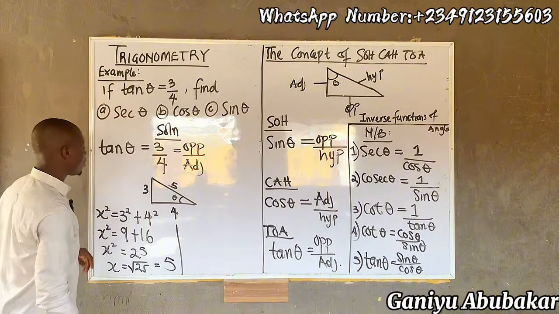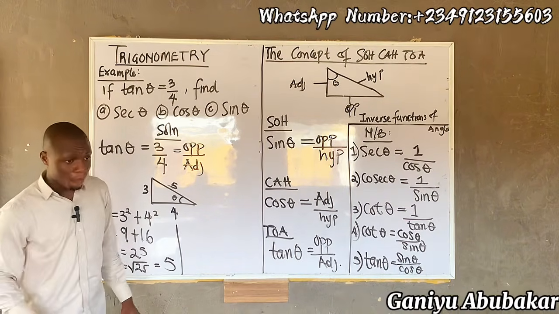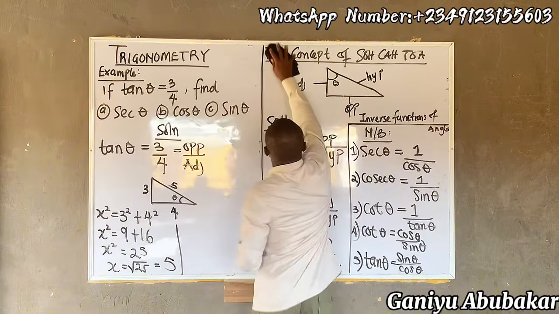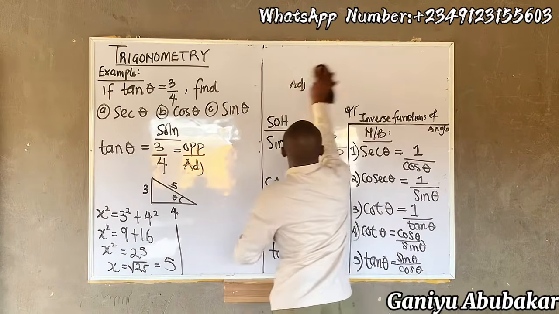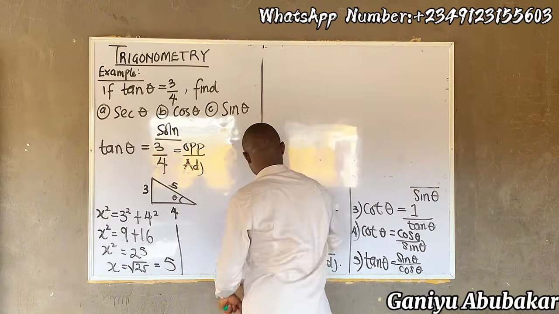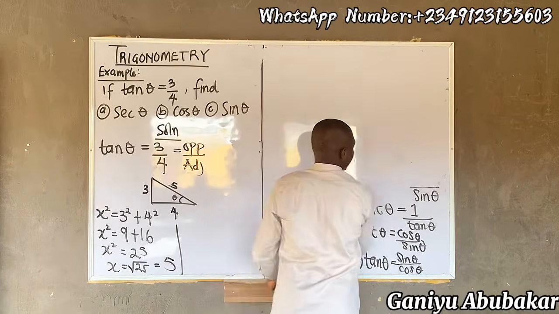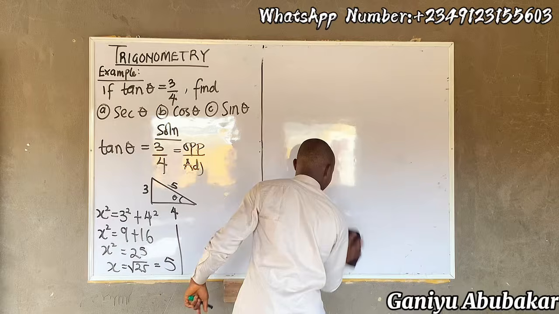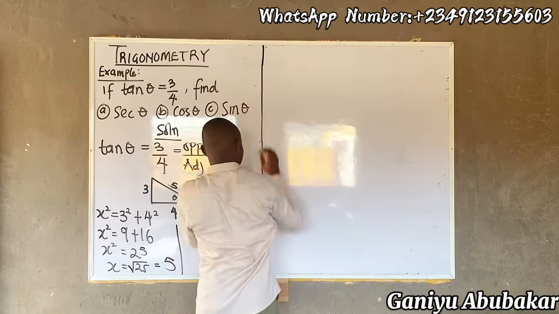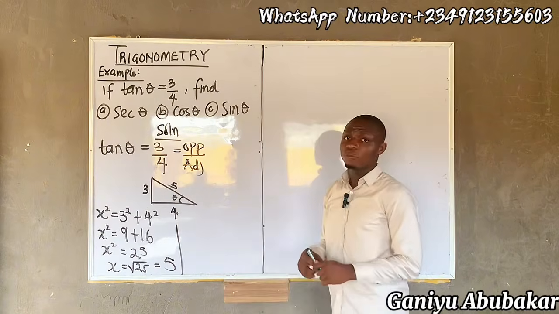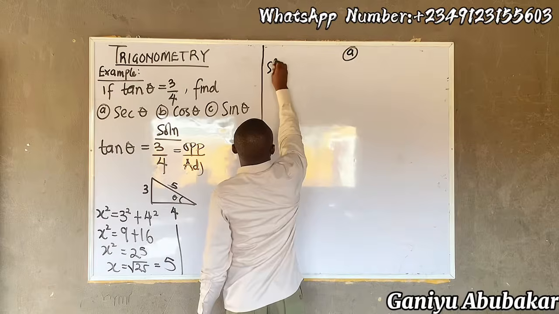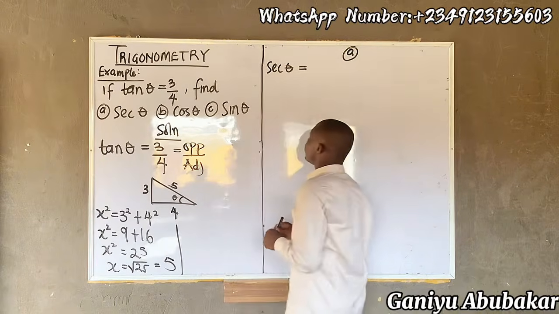Number one says find sec theta. Basically, what do we know for sec theta?